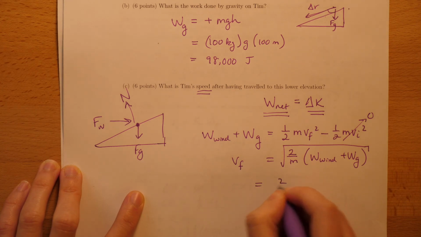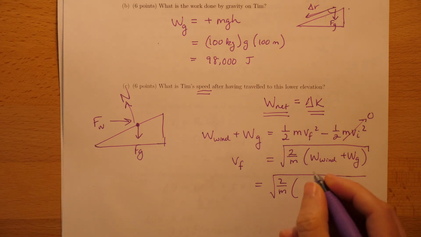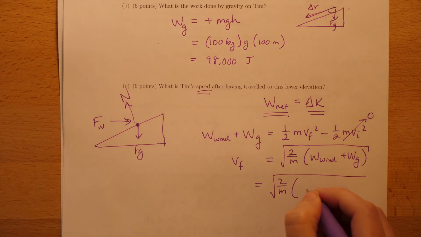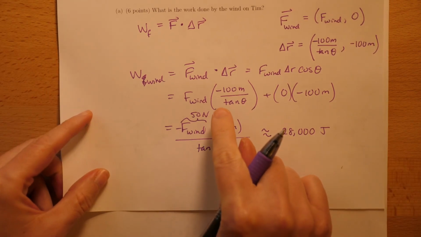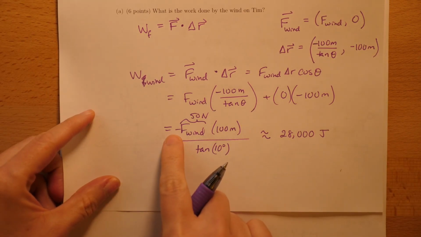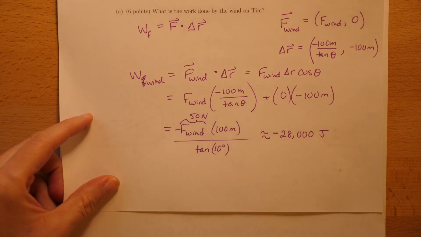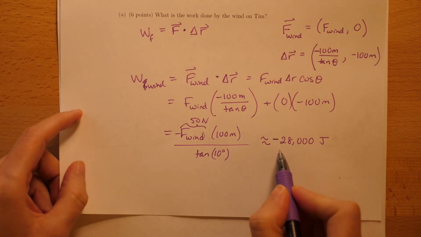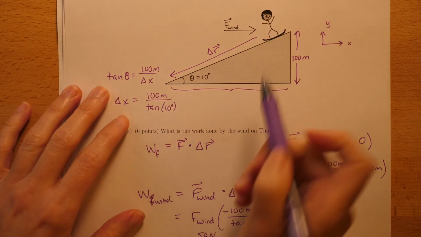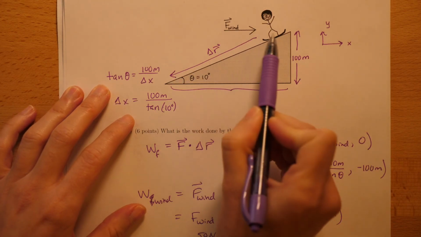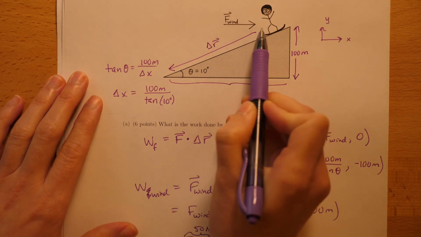And we already calculated these two works. So the work done by the wind was, whoops, we forgot. So over here in part A, we forgot something. There was a little negative sign here, but I didn't draw it over there. And that's important. The wind is doing negative work because it's going to slow him down.